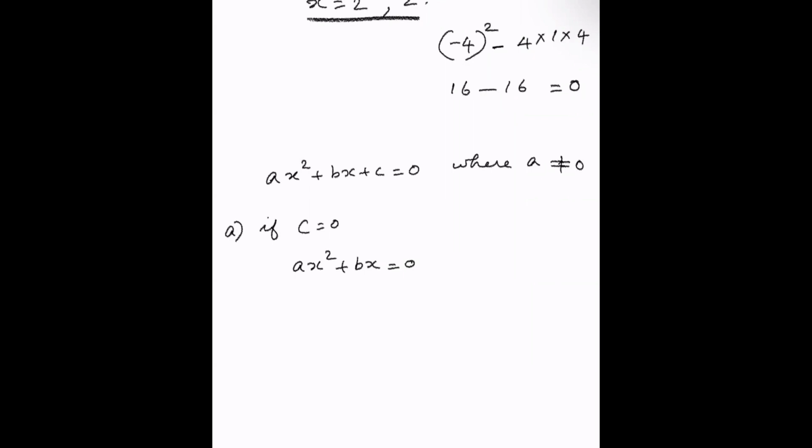It has only two terms: one is the square term and the other is the first power term. If you have ax square plus bx form, then that kind of equation is known as adfected quadratic equation.